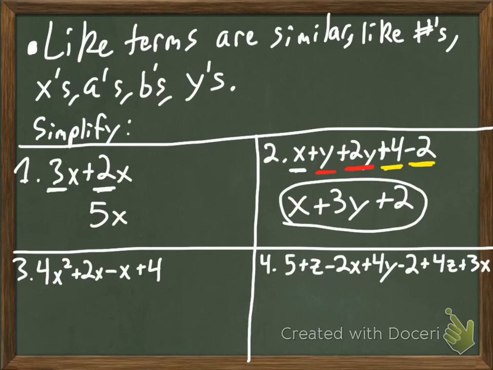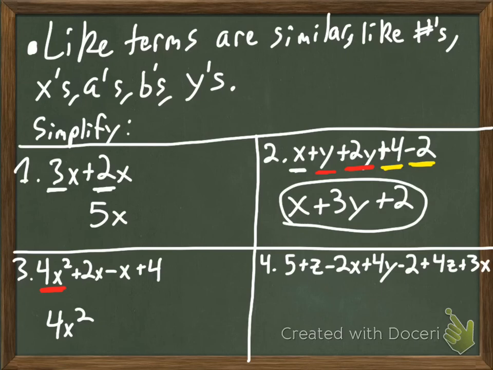Now number 3 was meant to be a bit tricky. Our first term is 4x squared. We do not have any more x squareds. We have x's, but an x is not the same as x squared. So we're just going to rewrite our 4x squared.